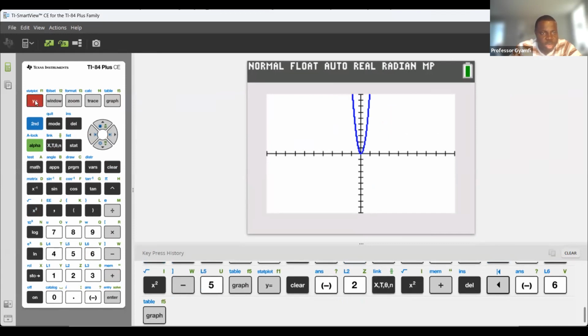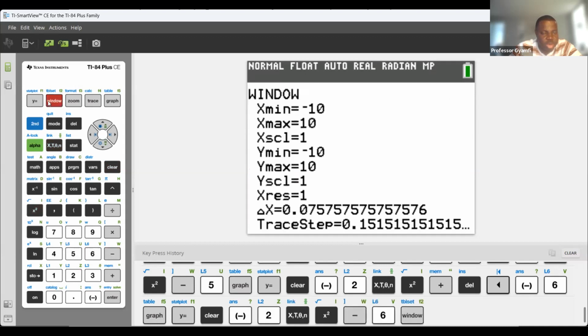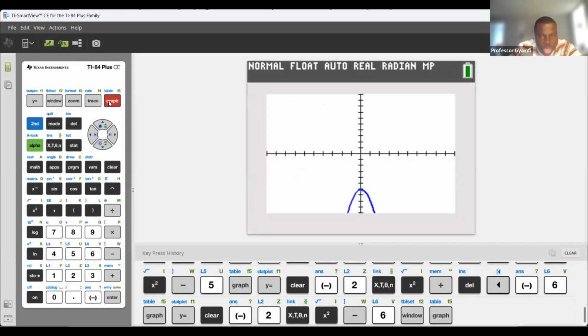Let me do this again, because I think I have a problem here. So I'm going to clear everything, and then do negative 2x squared minus 6. Check my window and go to graph. Yes, now I have it. Now I knew the first one was wrong because it has to open down. So that is what I have.